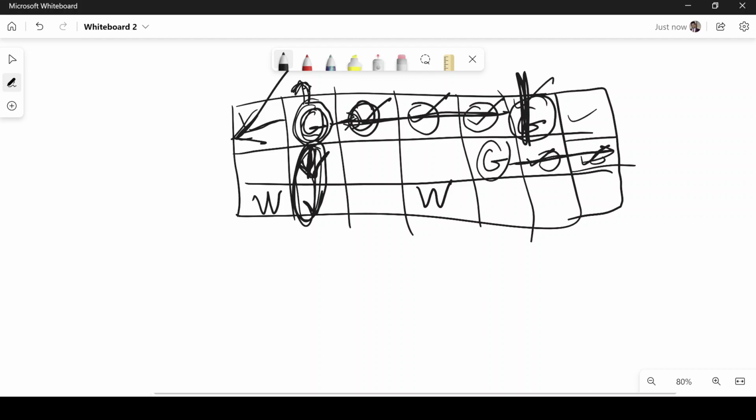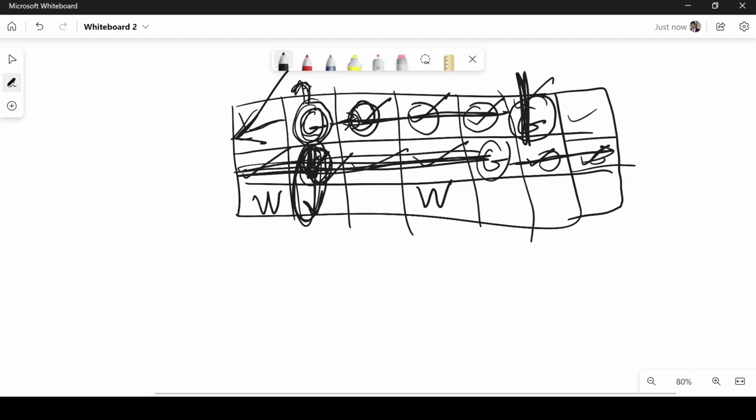Now again, if we talk about the left direction, this guard can see this cell, this cell. This cell is already being seen by the other guard. So again, a cell can be seen by multiple guards. That's not an issue. This is being guarded, and again there is no obstruction here, so this guard can see this cell also. So all these cells are being guarded. It doesn't matter by which guard, but these cells are being guarded.